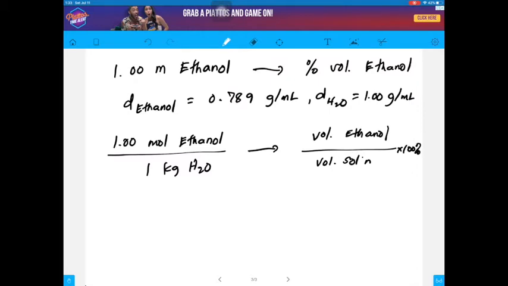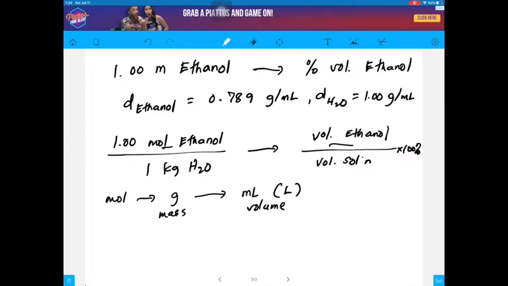The first thing that we have to deal with is the numerator. So how can we convert moles of ethanol to volume of ethanol? The answer is by converting moles to grams, and from grams to ml or liters. So moles to mass, then mass to volume.